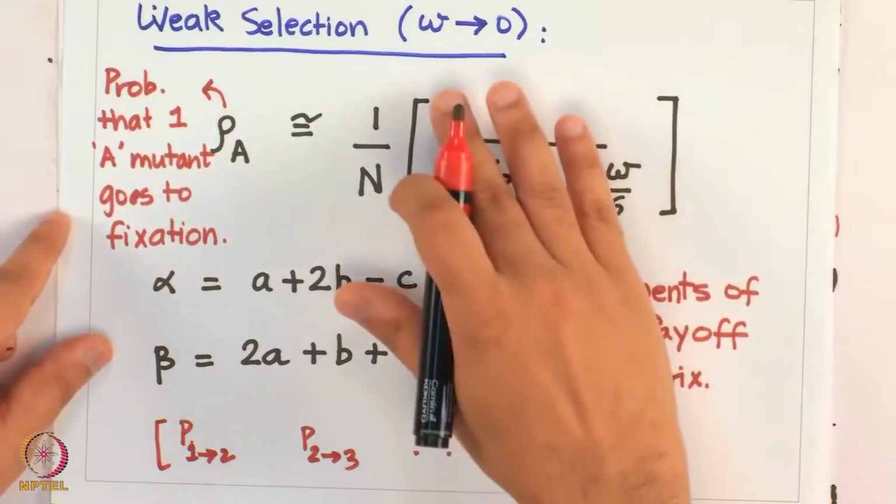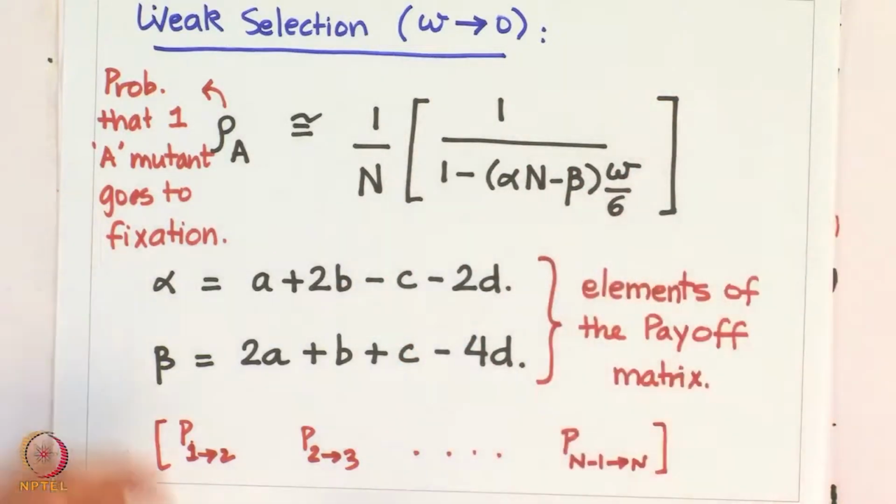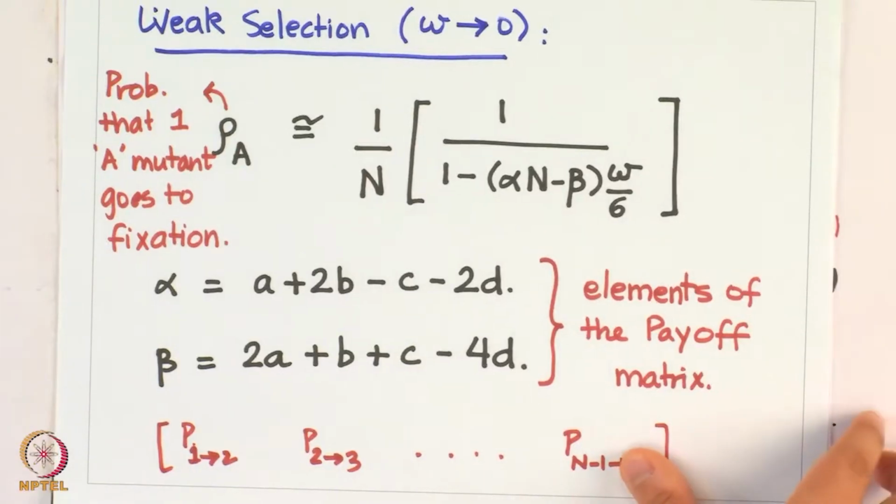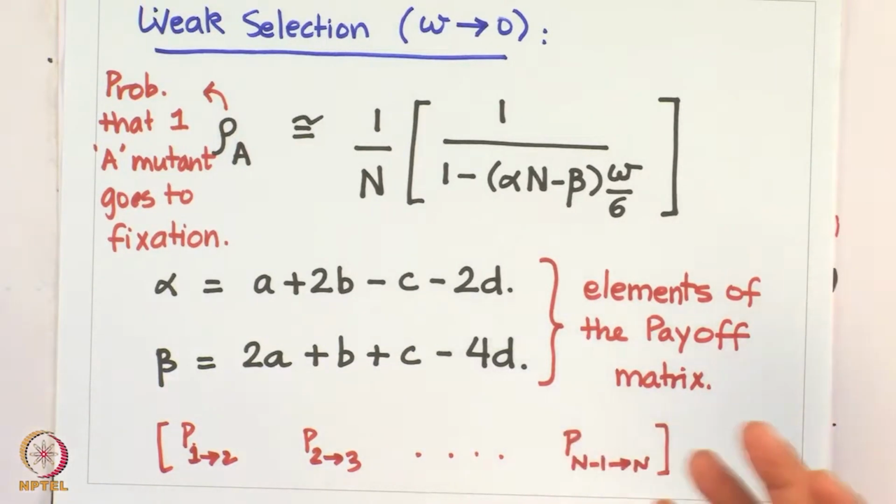Under the regime that selection is weak, this is the expression that we get, and that is the expression we want to work with and understand how population structure has a role to play in dictating probabilities associated with fixation of a particular mutant. So, let me just write the expression again.